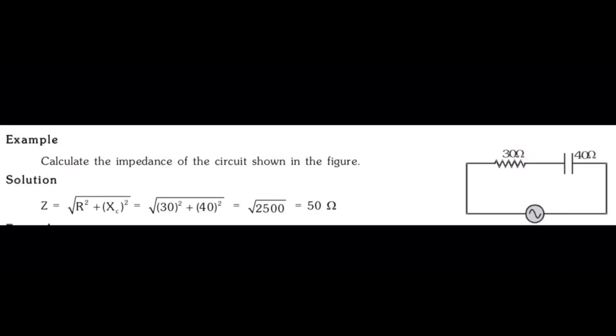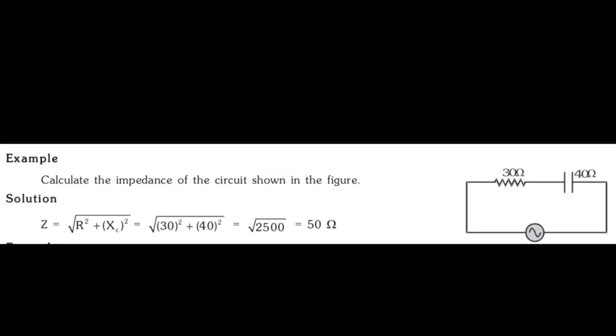So why I brought this question over here is just to make you understand that this term, XC, is called the reactance term. XC is what is called reactance, where X equals 1 by 2 pi fC.